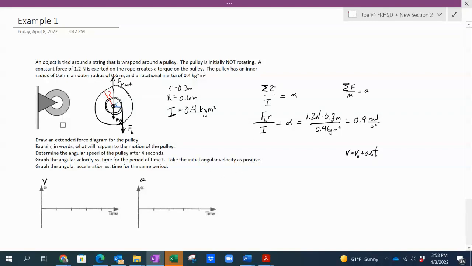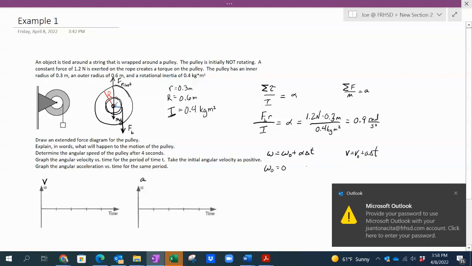All right, so to determine the angular speed after 4 seconds, your angular motion equations are very similar to your linear motion equations, except we just use different symbols. So our angular speed equals our initial angular speed plus our angular acceleration times time. Just like we would do with our regular velocity equation, we do the same thing with the angular information.